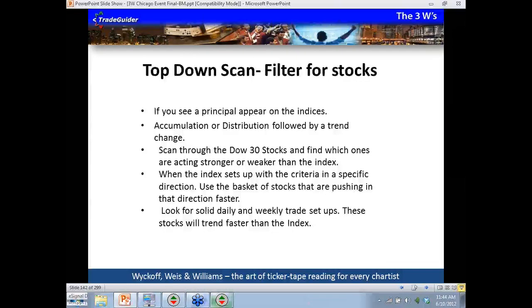We talked about the top-down scans, and I do have a napkin drawing in here. If you see a principle appear on the indexes, accumulation or distribution followed by a trend, say the market's trending down, you start looking for the ones that are acting weaker. There's a dynamic to it.